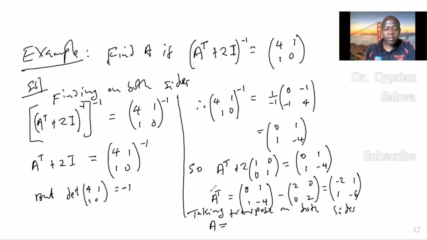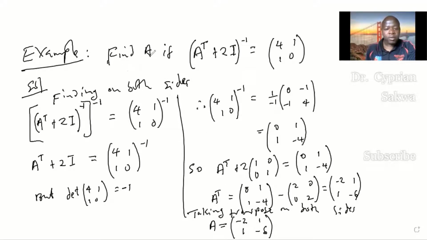The transpose of this would be A, and the transpose of this would be negative 2, 1, 1, negative 6. So we've just found A, and that's what the question wanted us to find. This is what we have as our A.